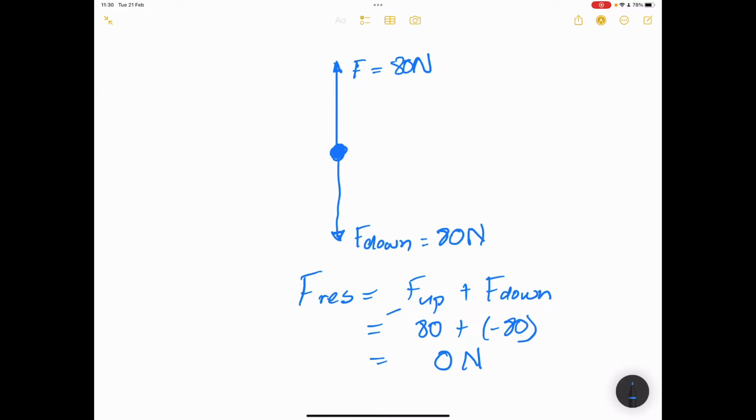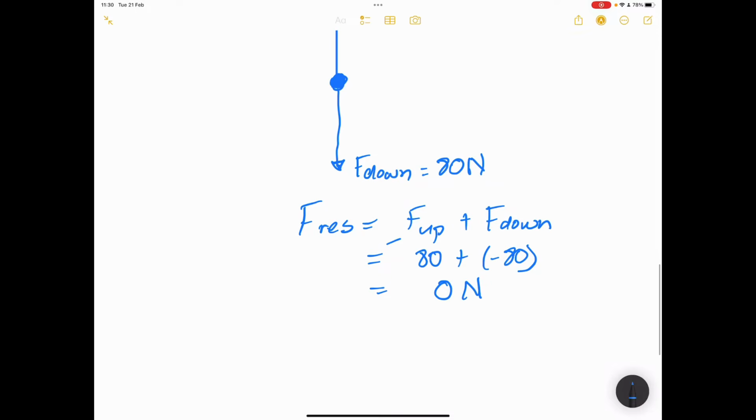So that would be my resultant in the event that we've got forces that are said to be at equilibrium. Once I know that the net force or the resultant force is 0, it therefore means that my system is at equilibrium. In this case, the forces are said to be balanced.